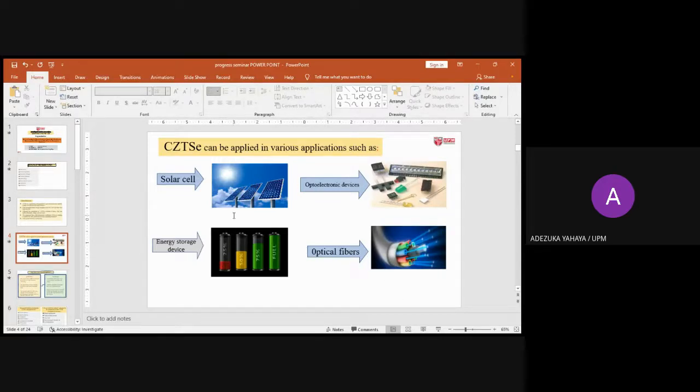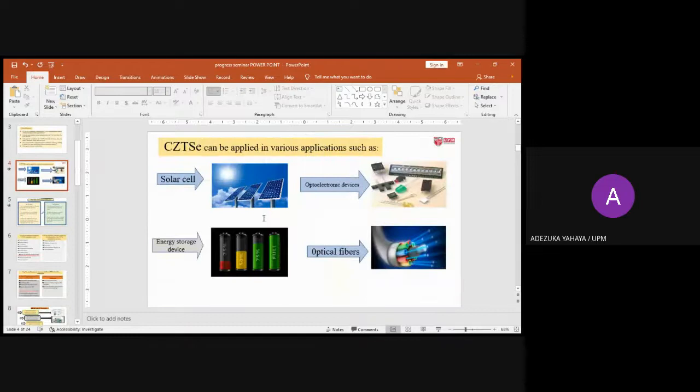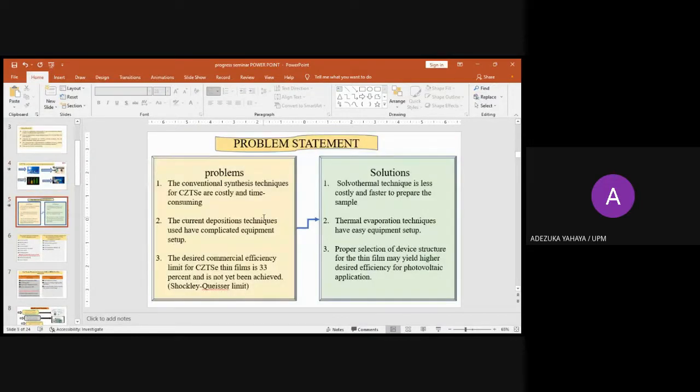It is also applicable aside from solar cell application. It also has application in optoelectronic devices, energy storage, and optical fibers. So the problem statement: these are some of the problems I have in this research.